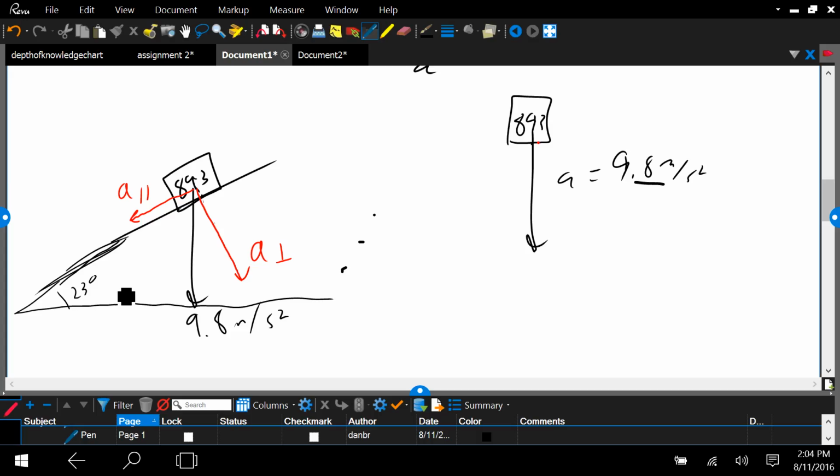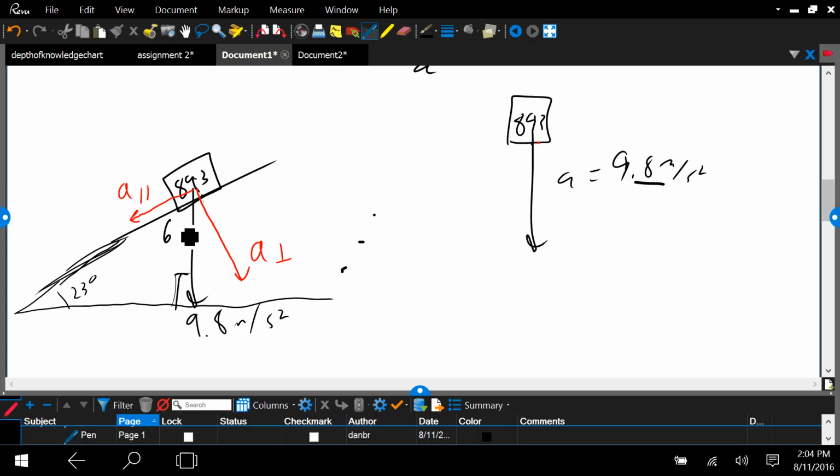If gravity points straight down to the middle of the earth, this is a right angle. So the angle up at the top of this hill between the arrow I made for acceleration and the hill has to be a complementary angle to 23, or 90 minus 23.